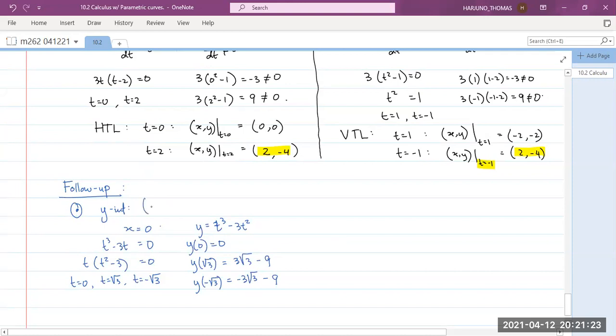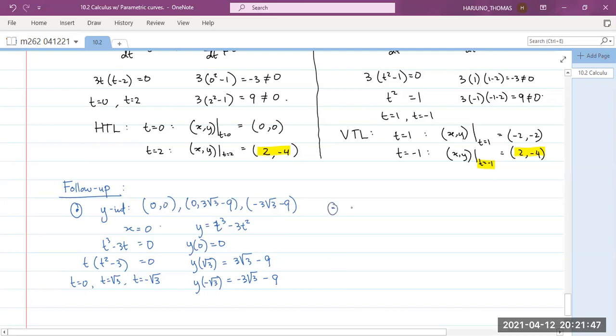So the y-intercepts are (0, 0), (0, 3 radical 3 minus 9), (0, negative 3 radical 3 minus 9). So it hits the y-axis 3 times at 3 different times at 3 different places.